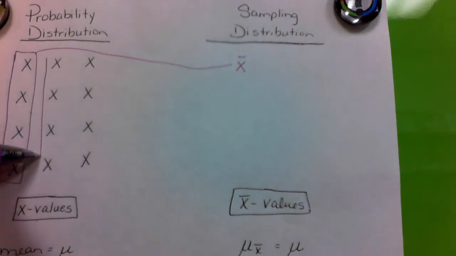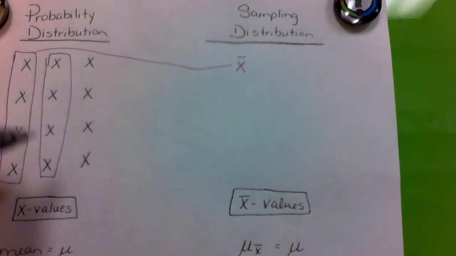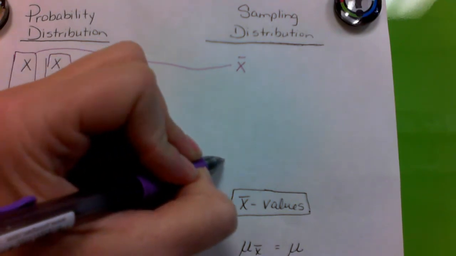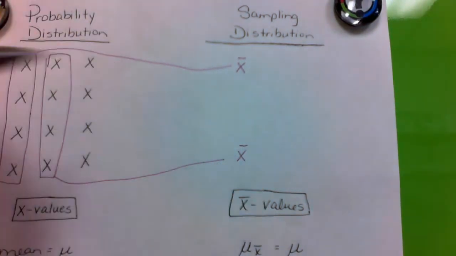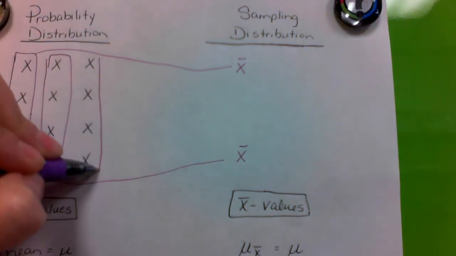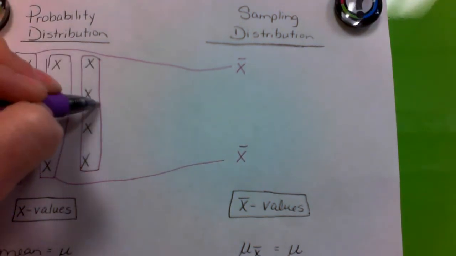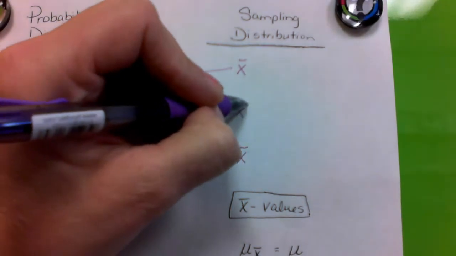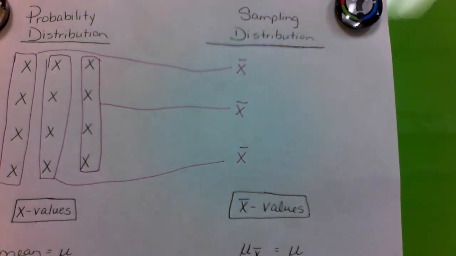And then say we did the same thing for these 4, so that would give us another value, add them all up and divide by however many there are, that is a mean or x bar. And then we would take the last 4 and calculate their mean, which is x bar.